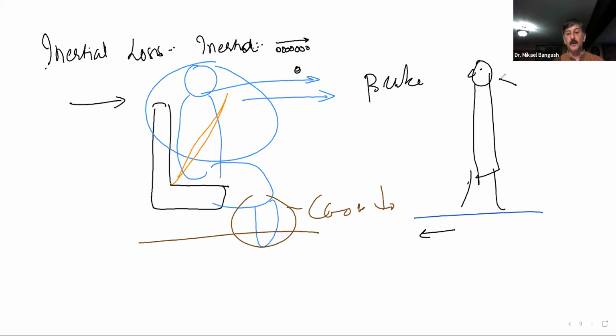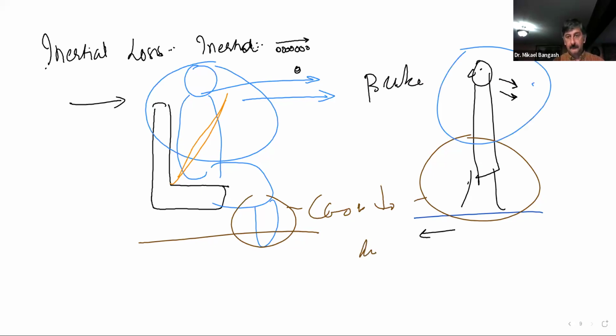Why is it that if you don't hold yourself tight onto something, you may fall? That's because this part of your body here is in motion, but this was still at rest. So this still being at rest means that it was still in inertia.